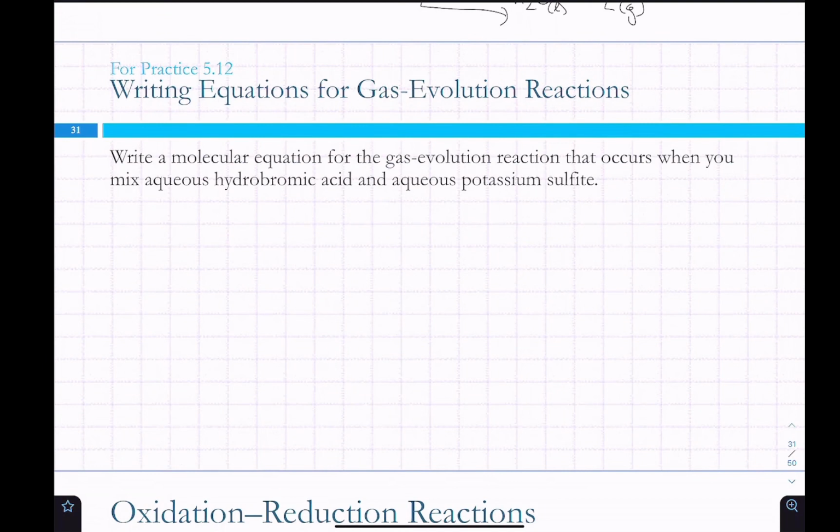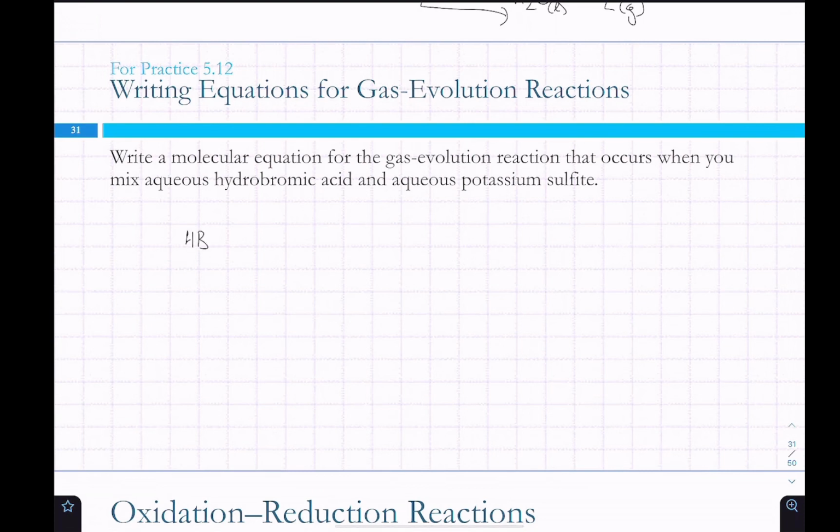All right, so write the molecular equation for the gas evolution reaction that occurs when you mix aqueous hydrobromic acid and potassium sulfite. So, what's the formula for hydrobromic acid?